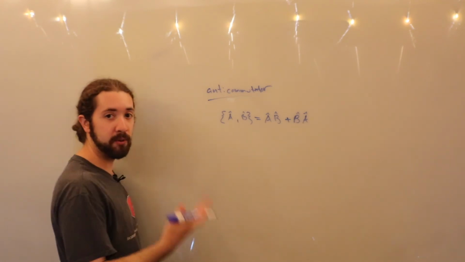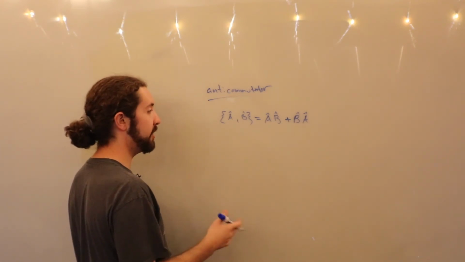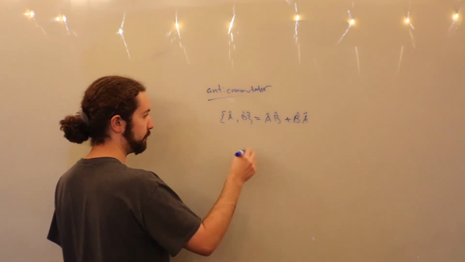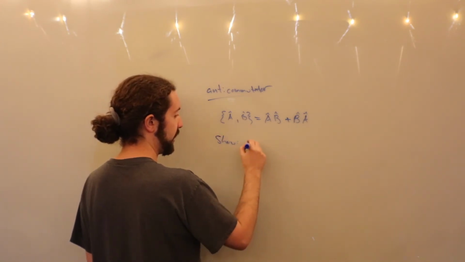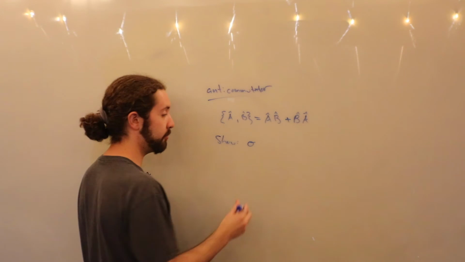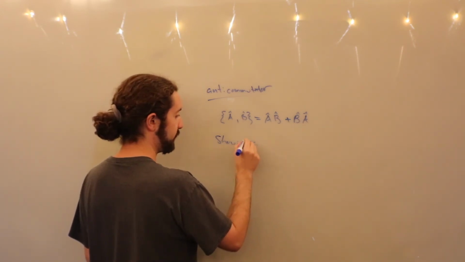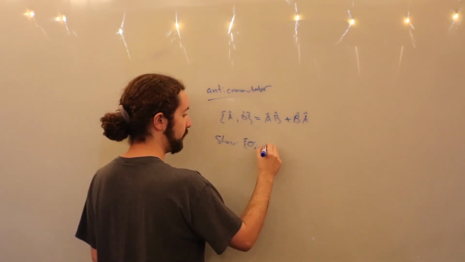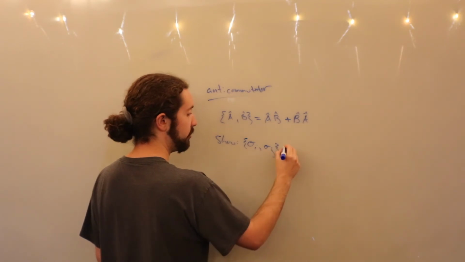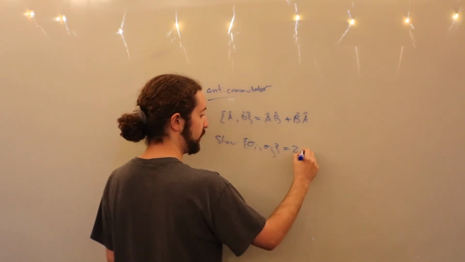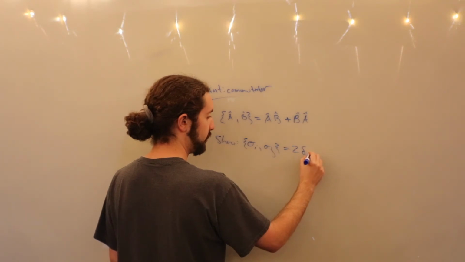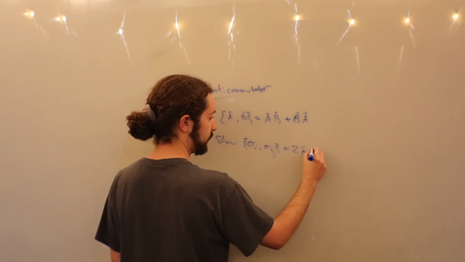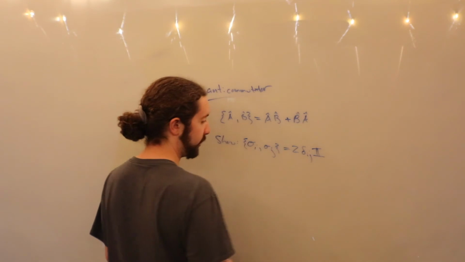And in fact, I have another problem straight out of my quantum mechanics book for you here, which is to show that from our Pauli spin matrices from before, the anti-commutator of any two of these is going to be equal to 2 times the Kronecker delta times the identity matrix.